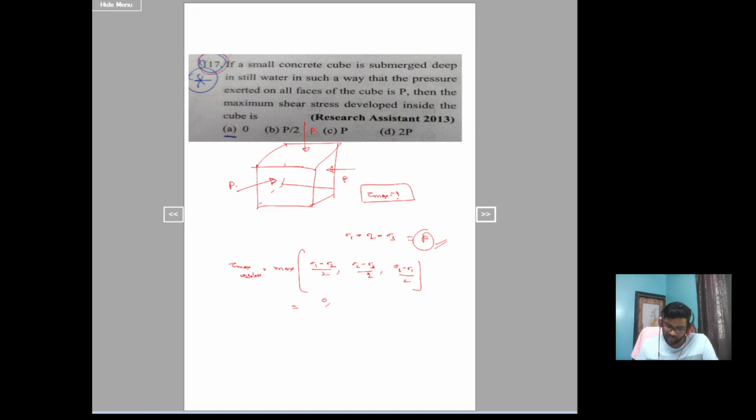So here you will get 0. Why? Sigma 1, sigma 2, sigma 3 all are equal. So absolute maximum shear stress is 0 in case of hydrostatic stress condition. So option A is correct. This is an important kind of question. In a hydrostatic stress condition, the maximum shear stress is 0. That means on any plane, the shear stress will be 0.